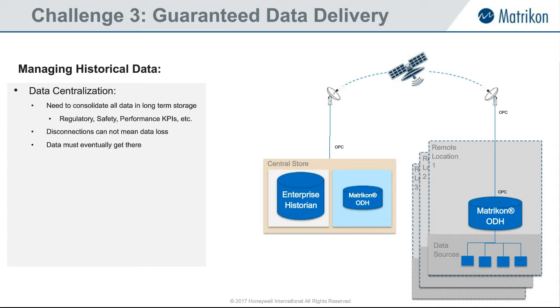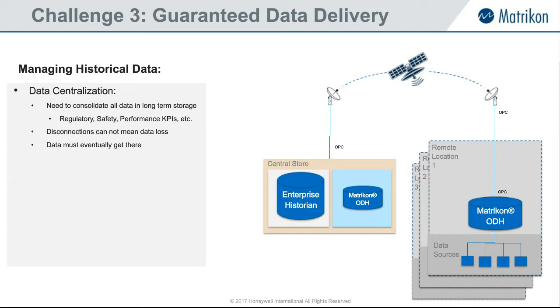So having a proper method of transferring the data in a way that is digestible by the historian is important. And it doesn't matter whether you're using an enterprise historian, an ODH, or another type of database, for example, a relational database.